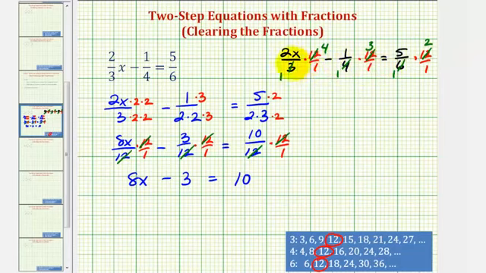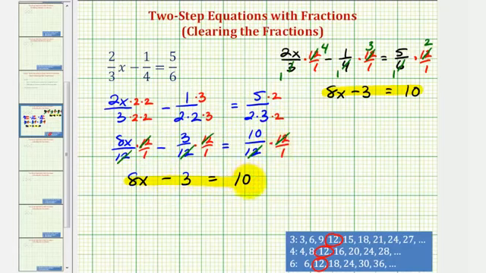Notice the result here would be 8x over 1, or just 8x, minus 3 over 1, or 3, equals 10 over 1, or 10. Notice the resulting equation is the same. This equation is the same as this equation. So if you can identify the LCD quickly, this is a nice way to go. If you struggle identifying the LCD, you can build it and then multiply each term by the LCD.